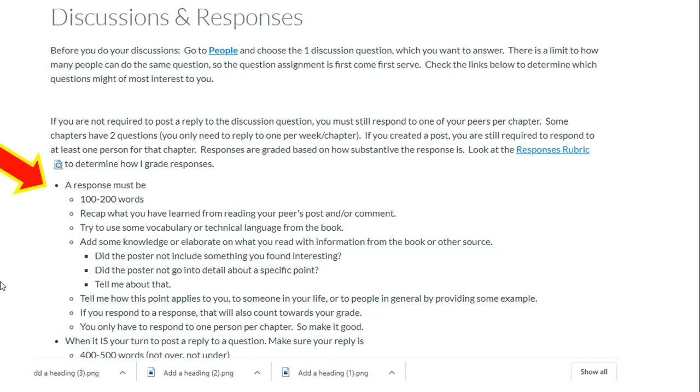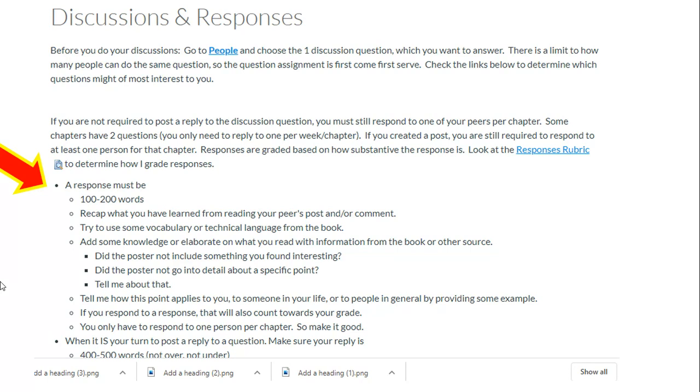You should try to elaborate on what your classmate has written. You could do that by explaining what you found interesting, going in depth about a specific point, or talking about something extra that the book talked about. Add something to the conversation.